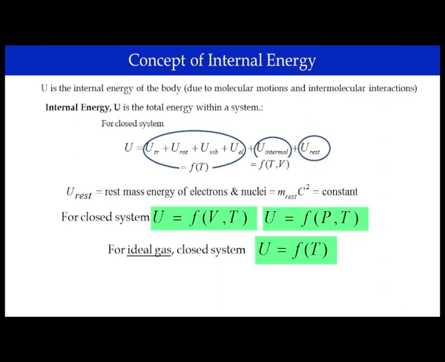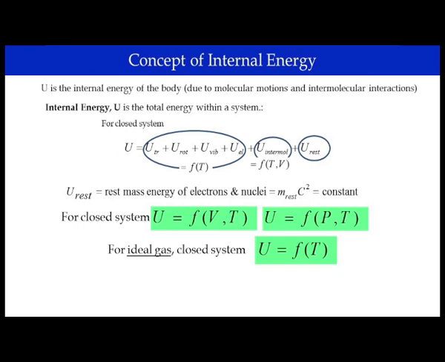Some of these terms could be constant in some cases, but in most cases they are functions of temperature. These terms depend on temperature only, and the second term, the energy due to intermolecular interactions, will depend on the distance between the molecules, which will depend upon temperature and volume, or you can say temperature and pressure as well.